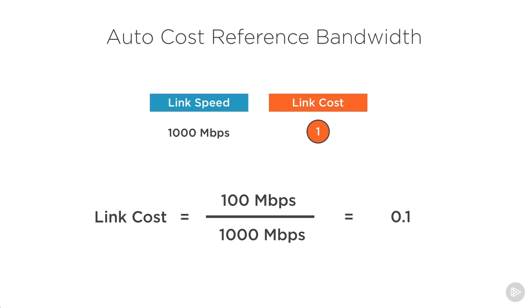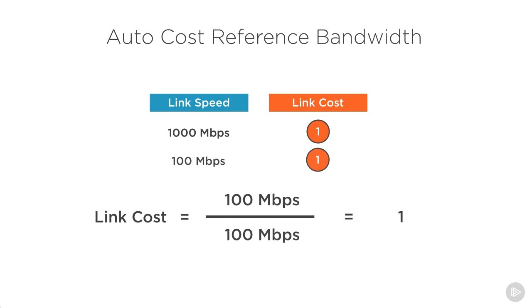Well, when we take 100 megabits per second and divide it by 1000 megabits per second, we're left with 0.1. Well, in OSPF, we cannot have a cost that is not a whole number. When the link cost is not a whole number, we're going to round that number up. So in this case, instead of a link cost of 0.1, our link cost is actually going to be just 1. Well, what will happen then is for a 100 megabit link, the cost is also 1.